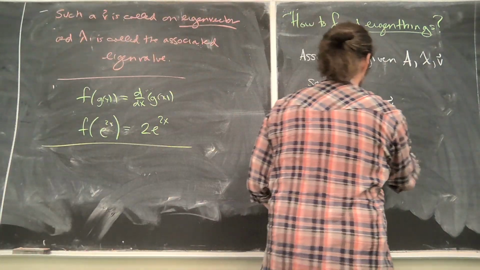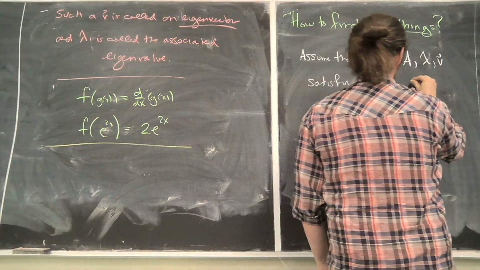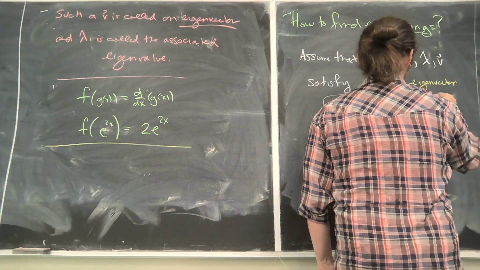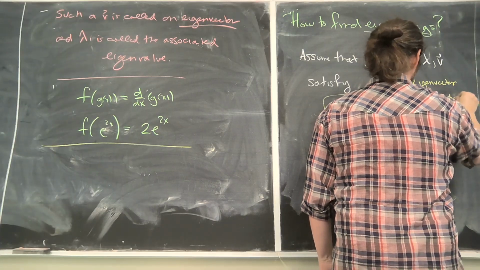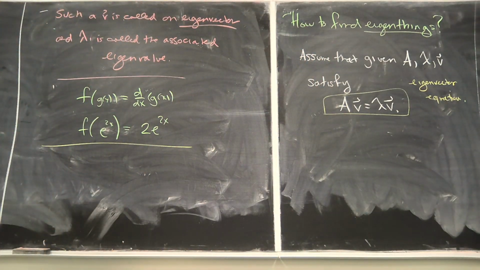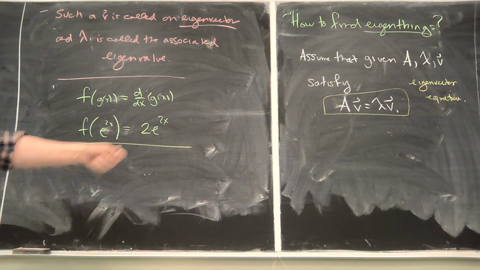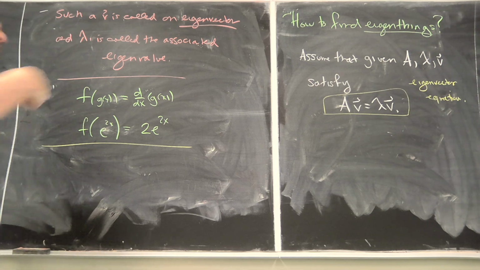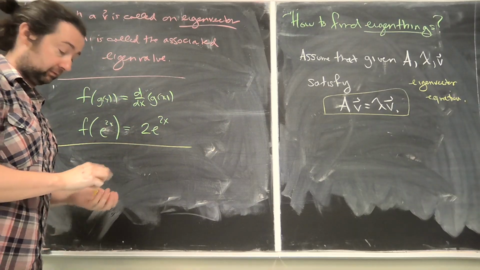This equation right here is called the eigenvector equation. And what I want to do is I'd like to know all the vectors, if I can, that satisfy it, which is called the eigenvector problem. But we're going to go looking for a condition that we could check that would tell us that we had a solution to this equation. So we're going to work backwards. Let's assume that we had a solution.